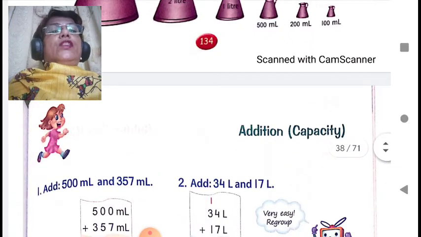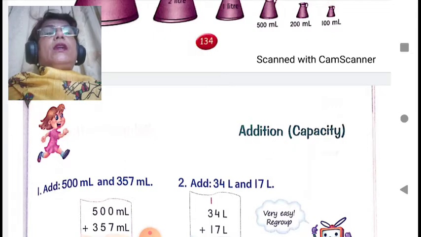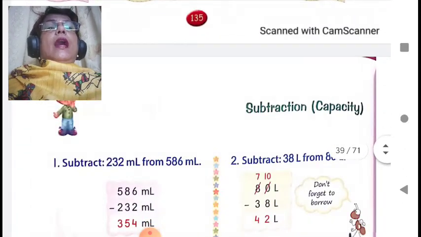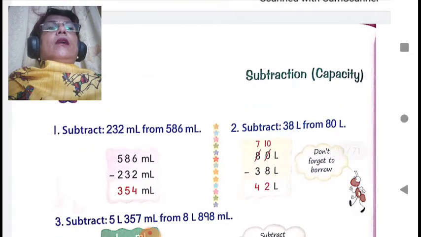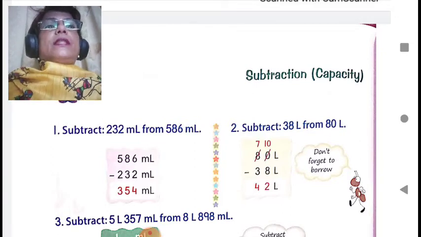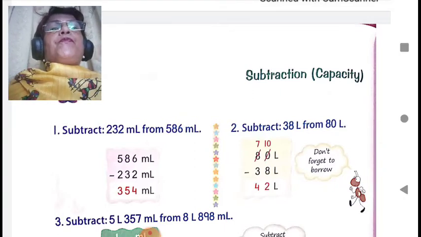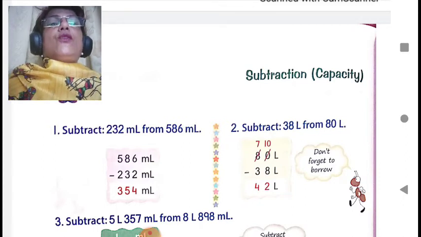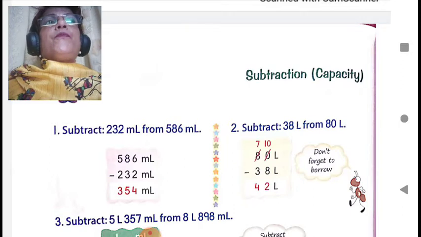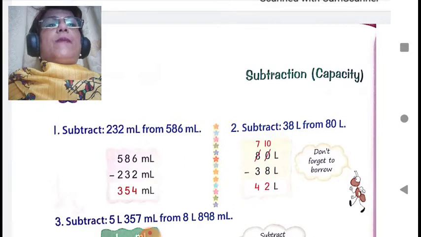Then we have done addition based on capacity. Today we will be doing subtraction based on capacity. जैसे रेगुलर एडिशन हम करते हैं नंबर्स का, सेम वे वी डू एडिशन बेस्ड ऑन कैपेसिटी. सिमिलरली इन सब्ट्रैक्शन ऑल्सो, जैसे रेगुलर नॉर्मल हम नंबर्स का सब्ट्रैक्शन करते हैं, इन द सेम मैनर वी डू सब्ट्रैक्शन बेस्ड ऑन कैपेसिटी.